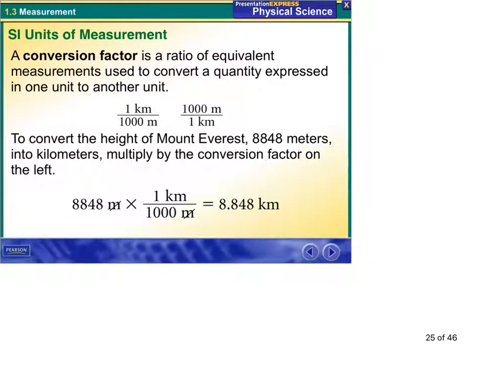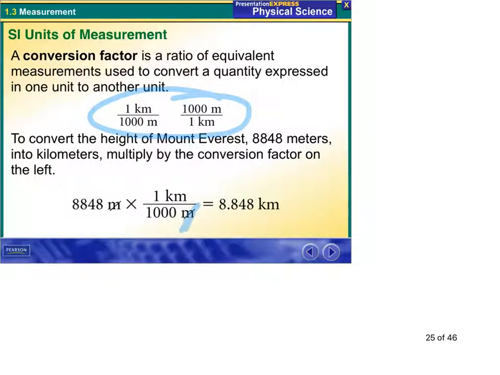Conversion factors we use to do some changing. Conversion factors are these equal units, like a kilometer is 1,000 meters, or 1,000 meters is a kilometer. Two equivalent conversion factors, and we can use these to change units. We take 8,848 meters times 1 kilometer over 1,000 meters, a conversion factor.